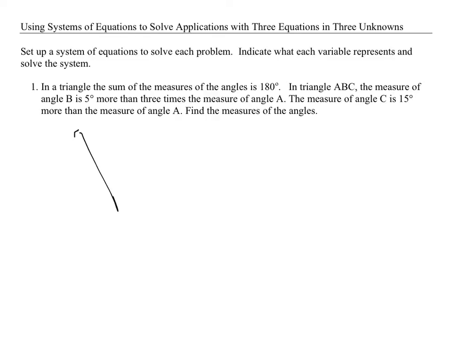In triangle ABC, the measure of angle B is 5 more than 3 times the measure of angle A. The measure of angle C is 15 more than the measure of angle A. Find the measures of the angles.